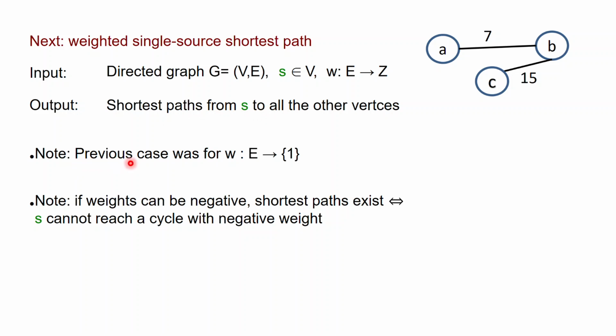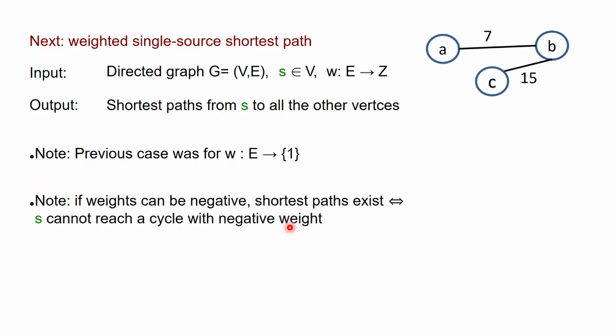In the previous case, in which I did not have weights, it's like our weight function simply mapped every edge to 1. It's important to note that if the weights can be negative, then a shortest path exists if and only if S cannot reach a cycle with negative weight. Okay?